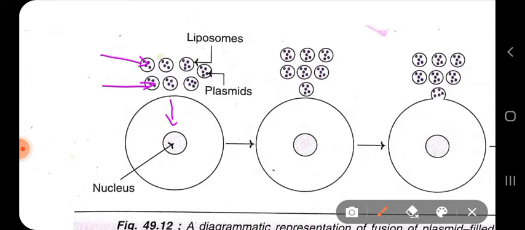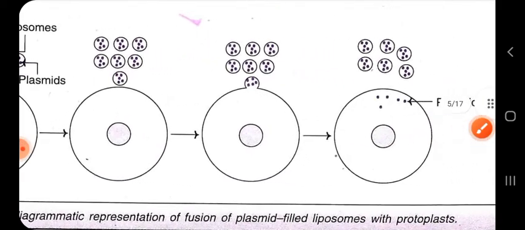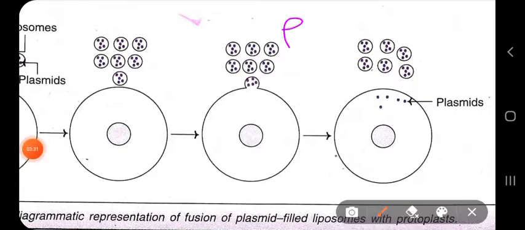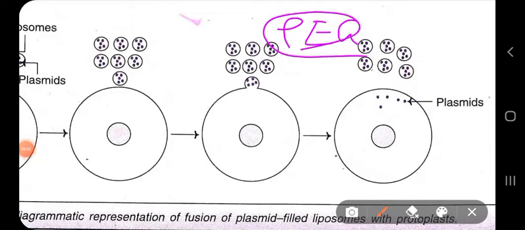Now the efficiency of your transformation, that is how successful this liposome mediated transfer is, can be increased if you use polyethylene glycol in the medium where this whole transformation process is carried out.